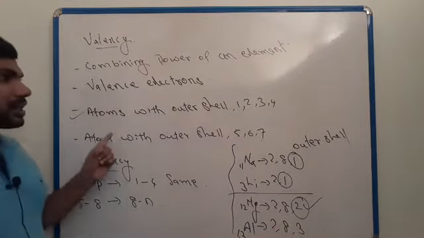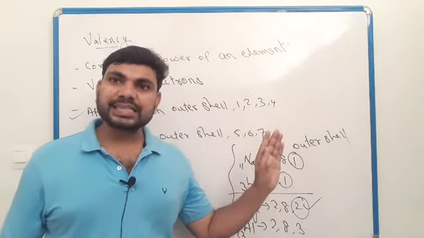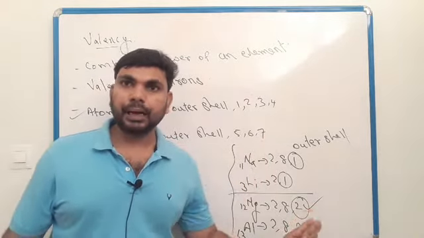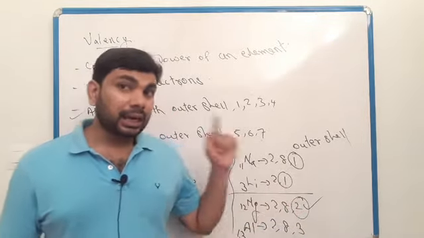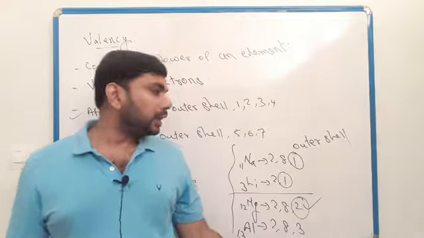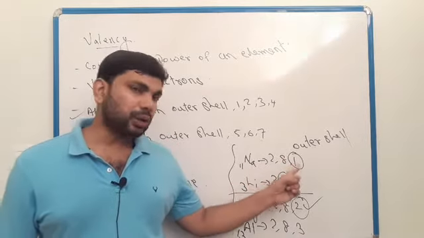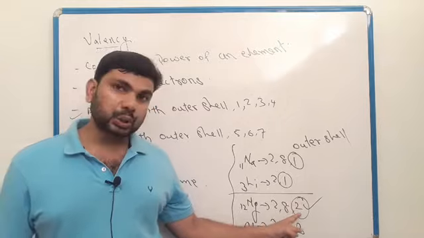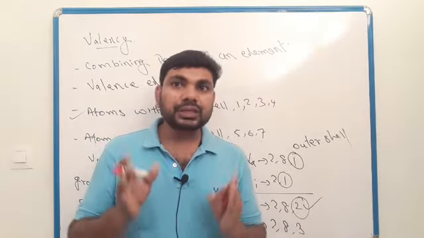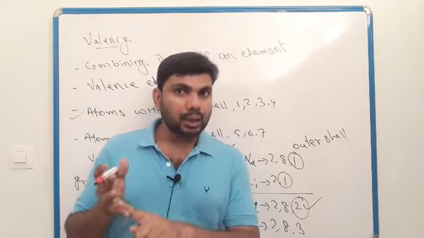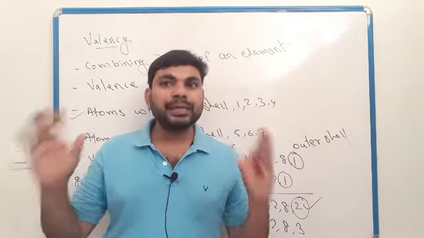Now look here. Atoms with outer shell 1, 2, 3, 4, their valency will be the same. Example sodium, atomic number 11, its valence electron 1. Magnesium valence electron 2. Aluminium valence electron 3. So atoms with valence electron 1, 2, 3 or 4, their valency will be the same.